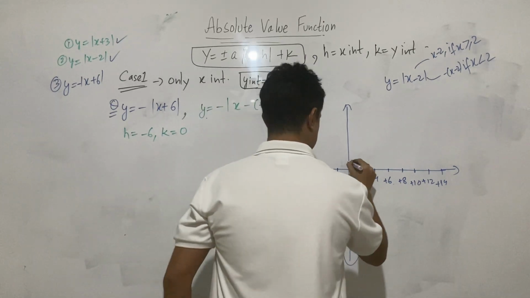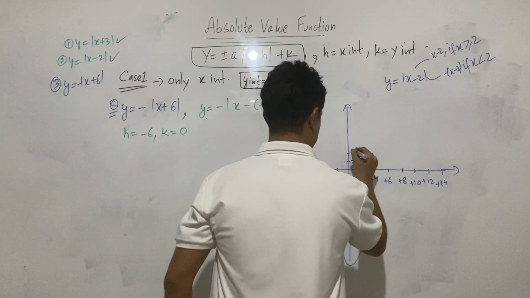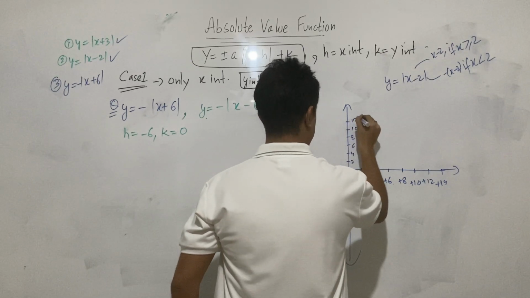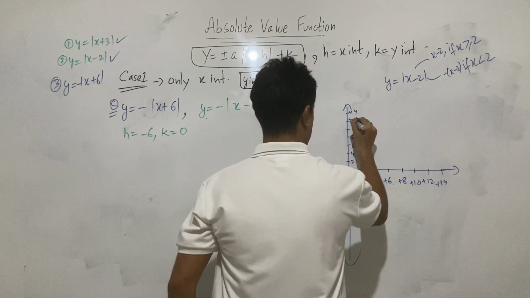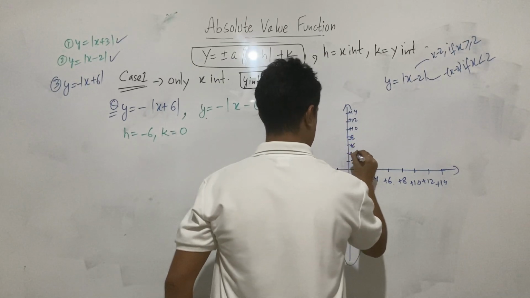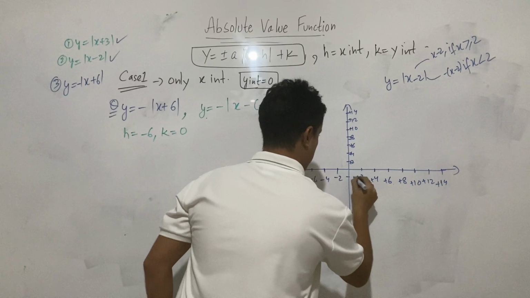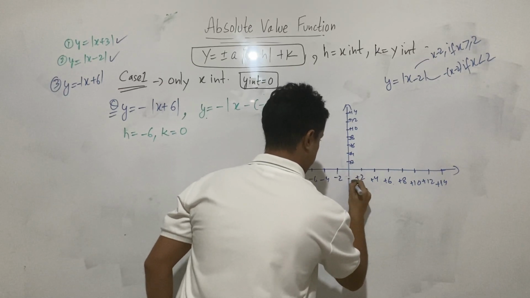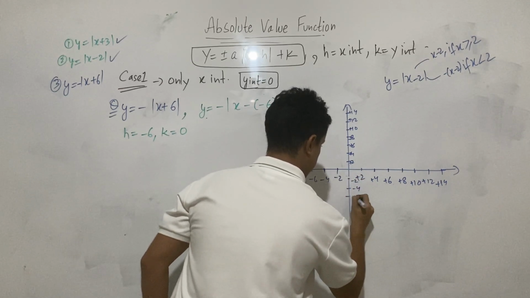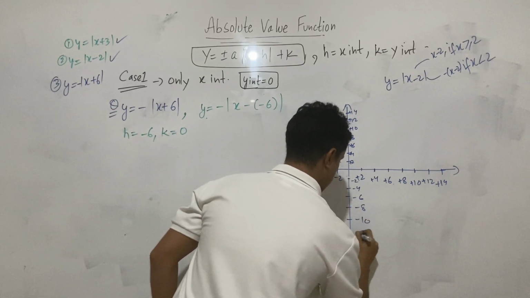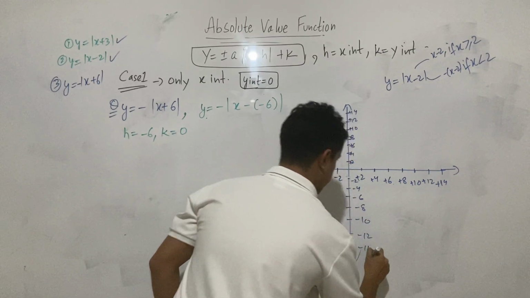Here 2, 4, 6, 8, 10, 12, 14, all positives, and here negative 2, negative 4, negative 6, negative 8, negative 10, negative 12, negative 14, and so on.